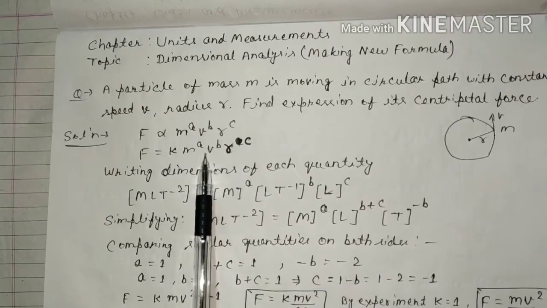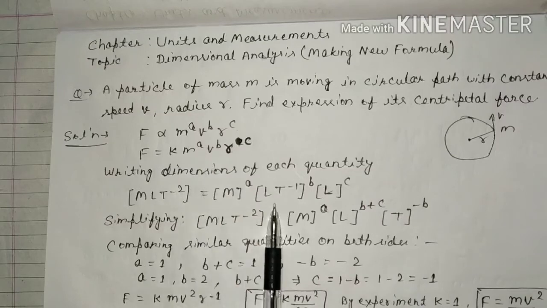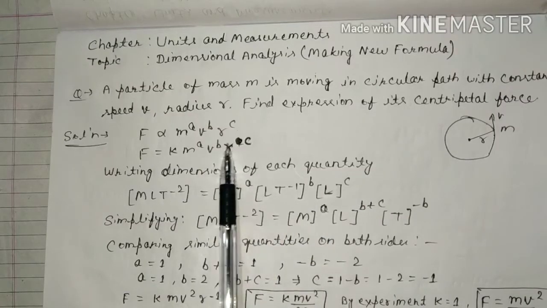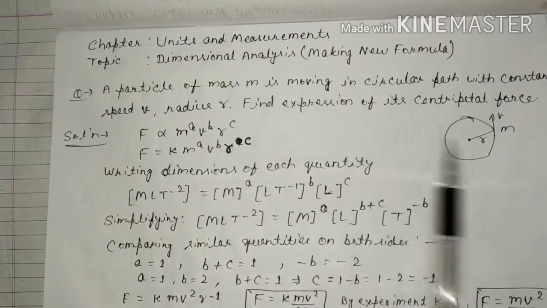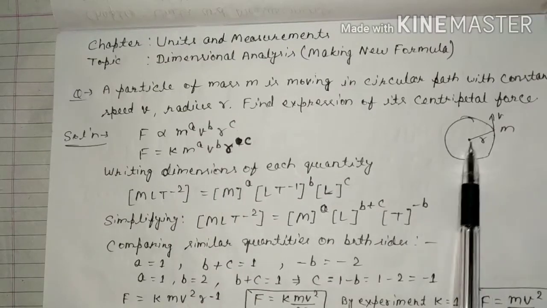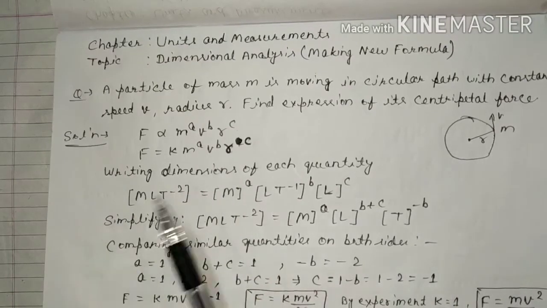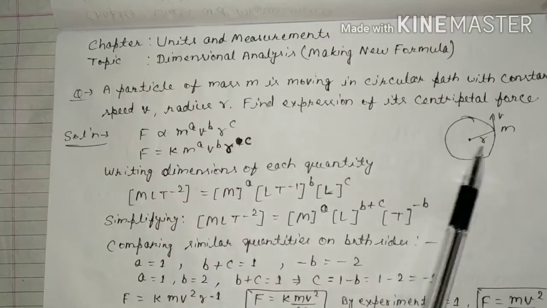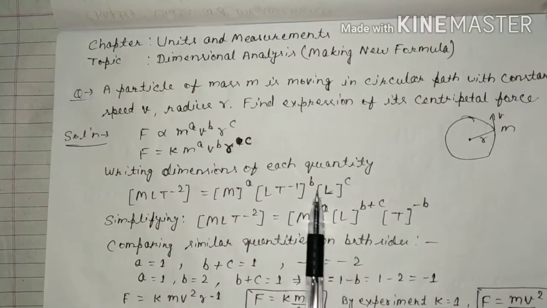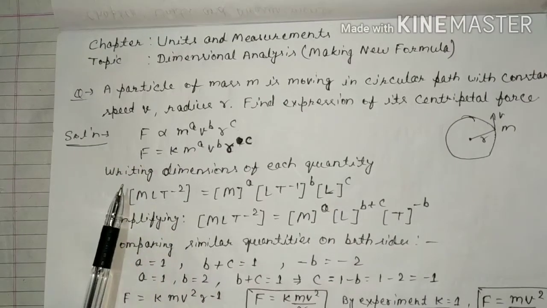Next, v. V is speed and the dimension of speed is LT^-1 to the power b. Third is r, the radius. Radius is the distance between two points, and the dimension of radius, distance or length is L to the power c. This is our second step.